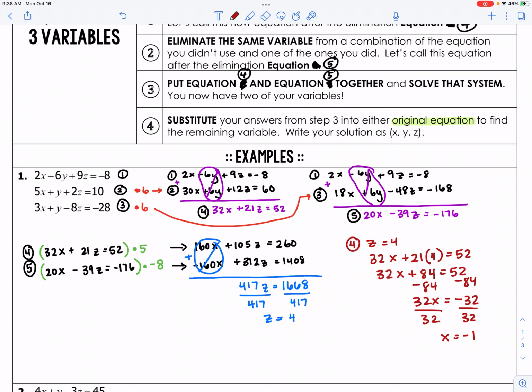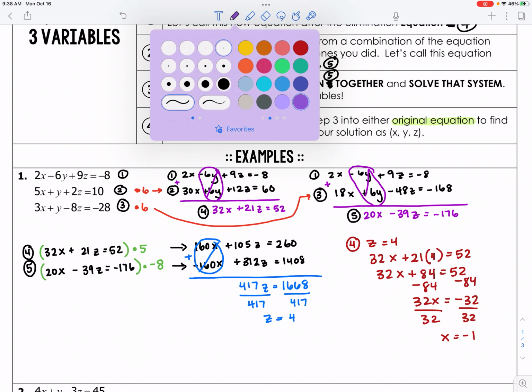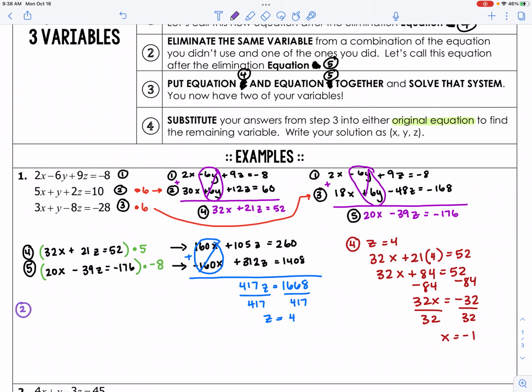Well, I have my x and my z, so now I'm going to pick between equations 1, 2, and 3 to solve for y. I'll go ahead and use equation 2. x equals -1, z equals 4. So I'm going to plug that into equation 2. We have 5 times -1 plus y plus 2 times 4 is equal to 10. So -5 plus y plus 8 equal to 10.